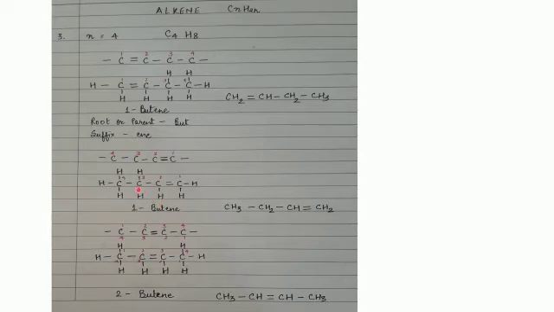Third carbon, it is forming a single bond with this carbon, another single bond with this carbon. So it needs 2 more. 2 more valencies are free. So it will form a single bond with 2 hydrogen. And the last carbon will form 3 single bonds with 3 hydrogen.